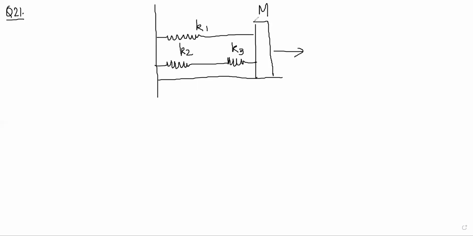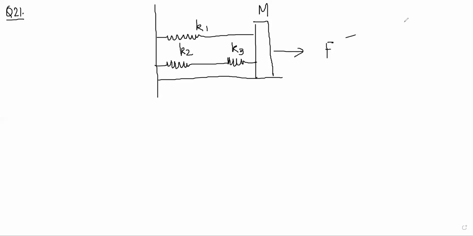So man is exerting a constant force of F on the block, and we need the amplitude and frequency of the motion. Frequency of this motion. So first, basically frequency is time period you have to find. So first, to find time period, you need to figure out what happens to this system.